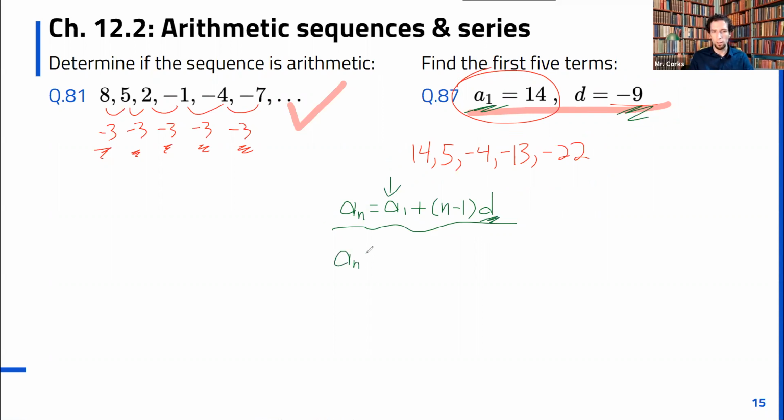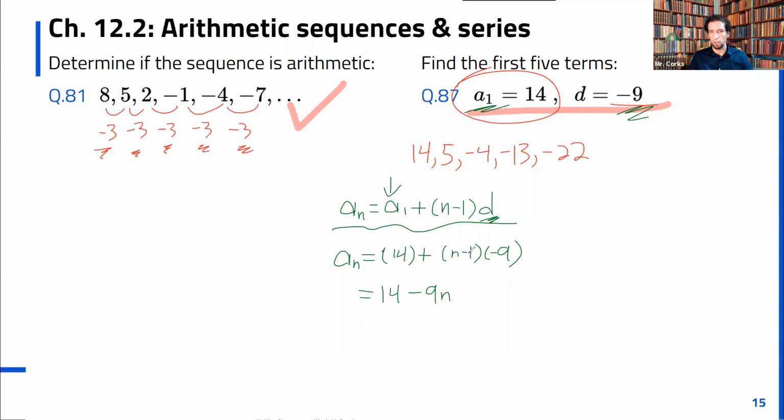So a_n equals 14 plus (n minus 1) times -9. We'll just expand this and simplify it, and we'll get our term. So 14 plus n times -9 will become minus 9n.